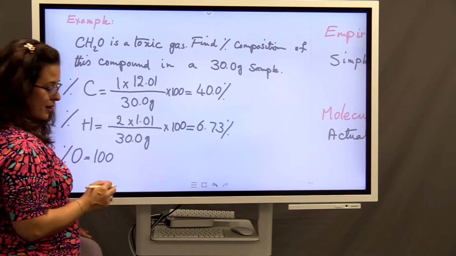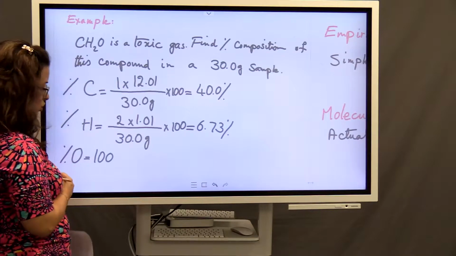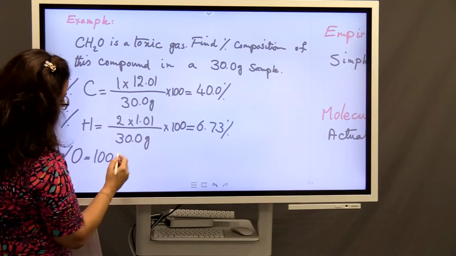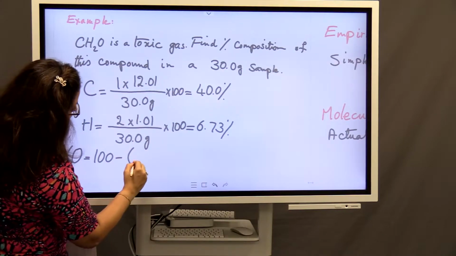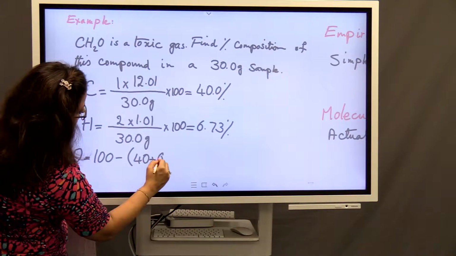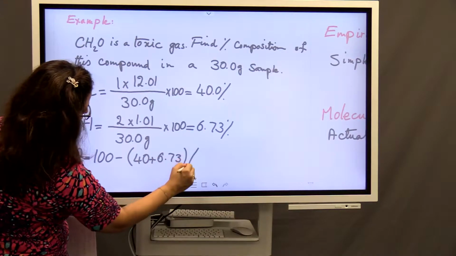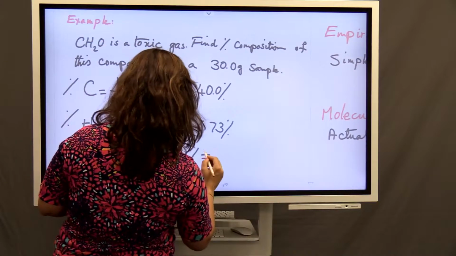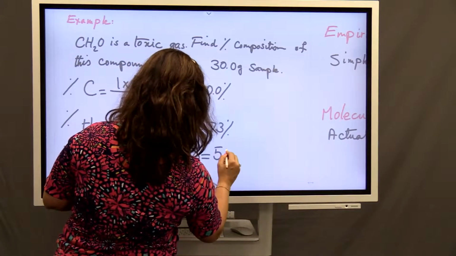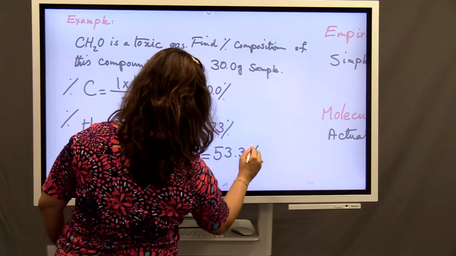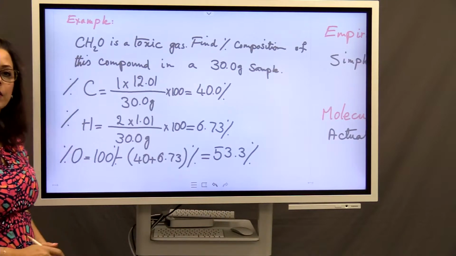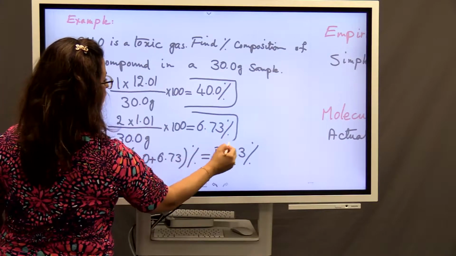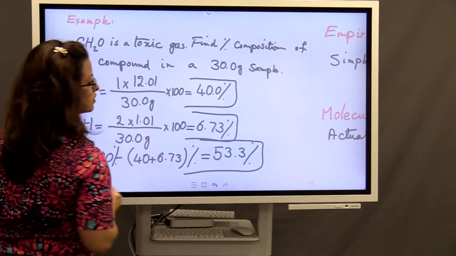So you can calculate the percentage of oxygen as 100 minus 40 plus 6.73%, and put a percentage here. So it would be 53.3%. That's how you find the percent composition of a compound for carbon, for hydrogen, and for oxygen.